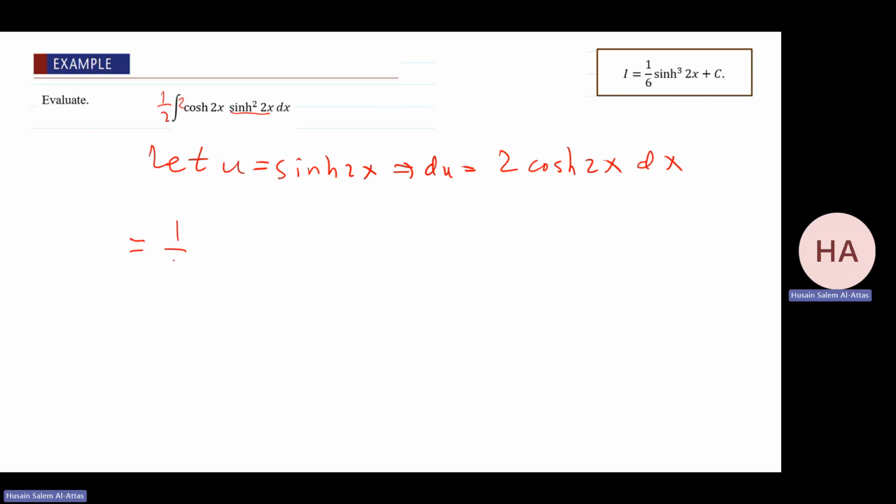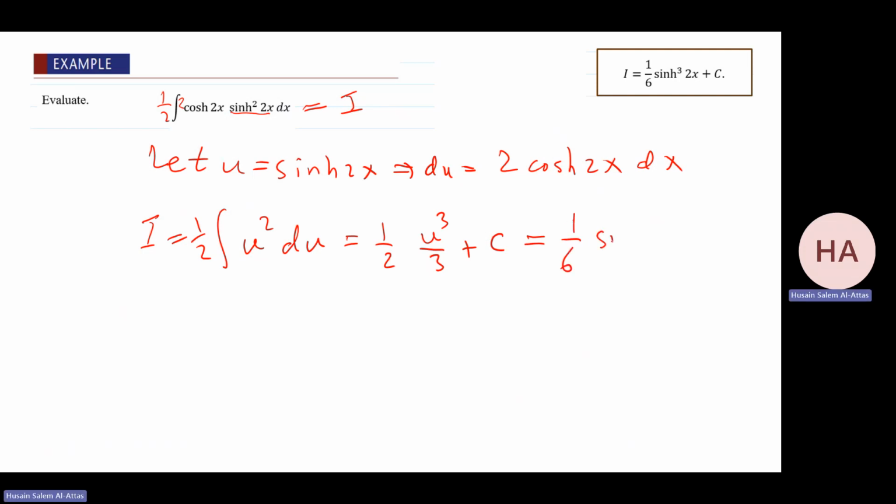So the integral, let me call it I to save time, will be half integral u square du. That will give me half u cubed over 3 plus c. What is u? It is sine hyperbolic. That will be 1 over 6 sine hyperbolic cube 2x plus c. But I'm just doing substitution, nothing else.